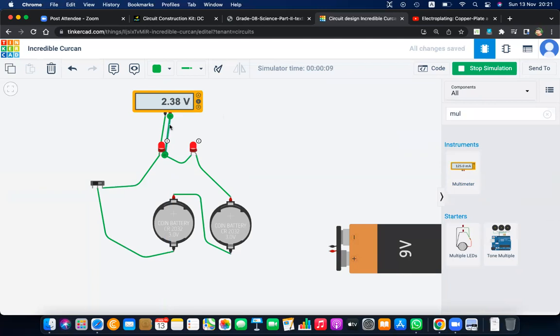And if you measure the voltage of the other one, it will also get a similar voltage, 2.3.